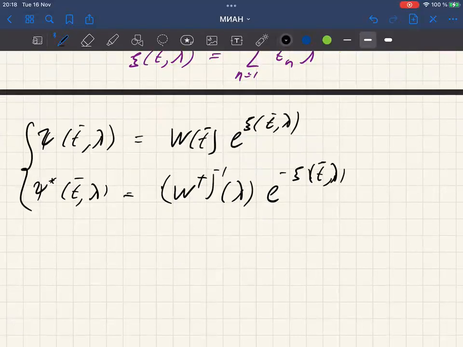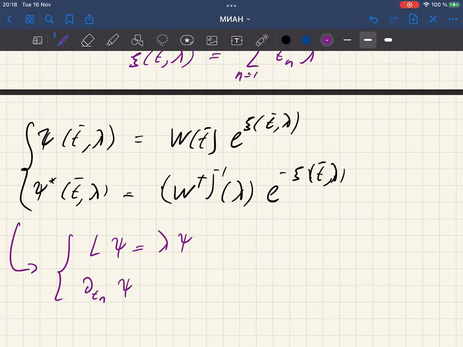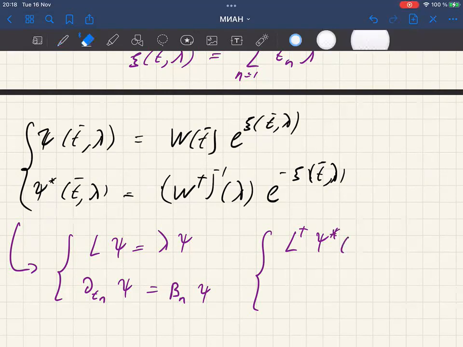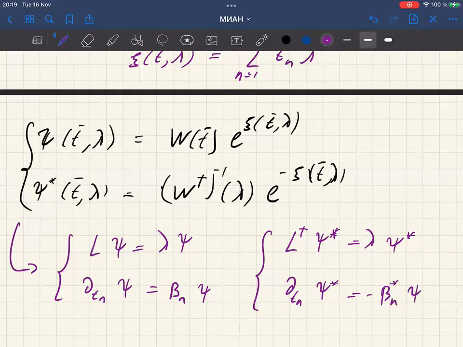We could see that they are solutions of linear problems such that L psi equals lambda psi and the partial derivative of psi with respect to Tn equals Bn psi, and L adjoint psi adjoint equals lambda psi adjoint and the derivative of psi adjoint with respect to Tn equals minus Bn adjoint psi adjoint.